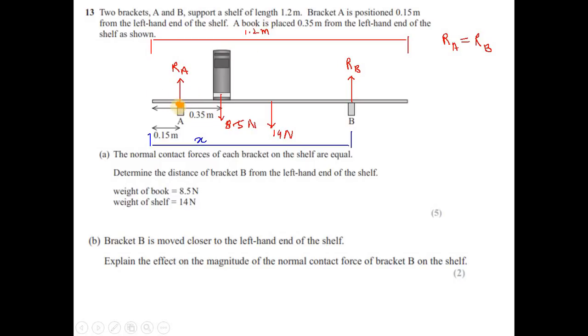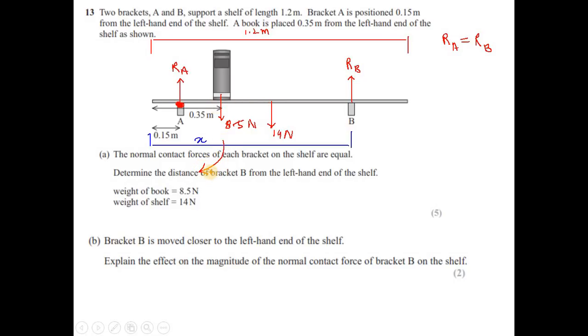So if you take A as a pivot, the weight of the book and the weight of the shelf are going to produce a clockwise moment. You can see that due to 8.5 the shelf is going to rotate in that way.